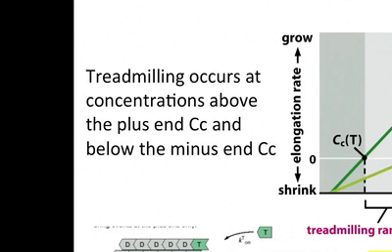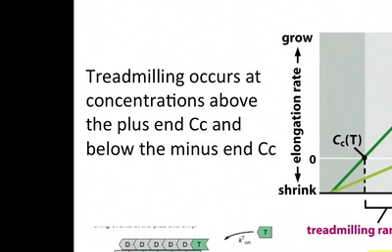Okay, so let's talk about critical concentration and treadmilling. Remember, treadmilling occurs at concentrations above the plus end critical concentration and below the minus end critical concentration. So your plus end and your minus end each have their own critical concentrations, and then there is a concentration of monomer in the cell, right?